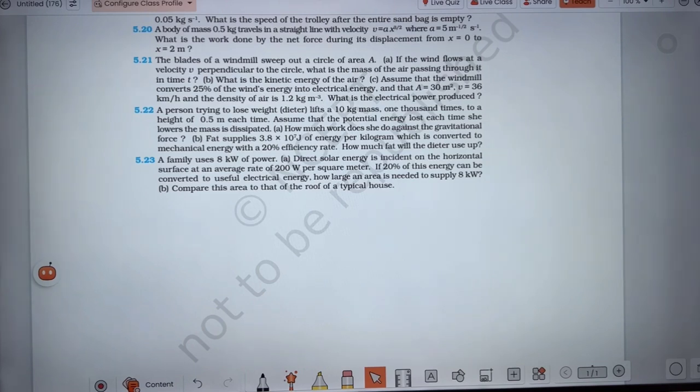Assume that the potential energy lost each time she lowers the mass is dissipated. How much work does she do against the gravitational force? Then the second part is, fat supplies 3.8 into 10 power 7 joule of energy per kilogram, which is converted to mechanical energy with a 20% efficiency rate. How much fat will the dieter use up?